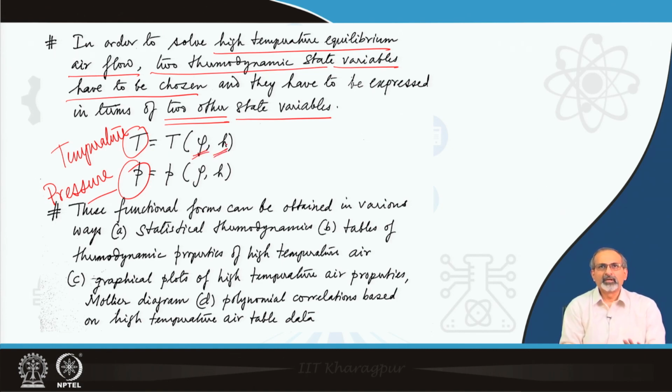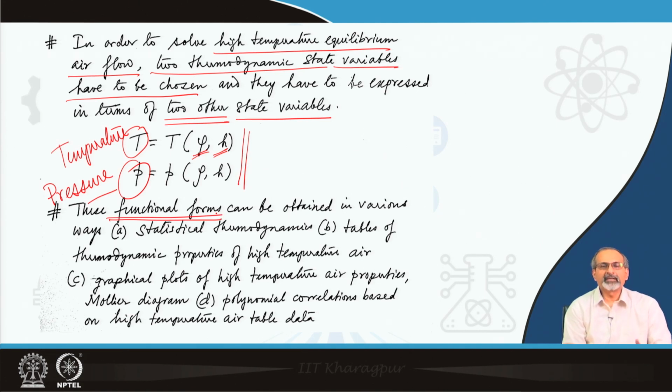That is how 2 plus 2, 4 state variables get involved when we talk about high temperature equilibrium airflow. Now, these variations can be expressed in the form of functions.